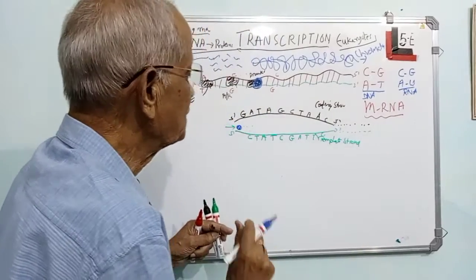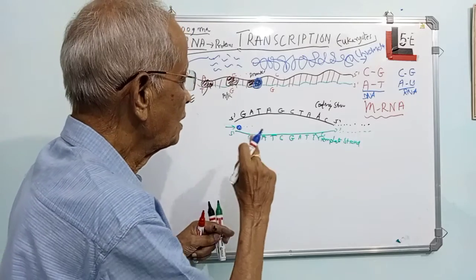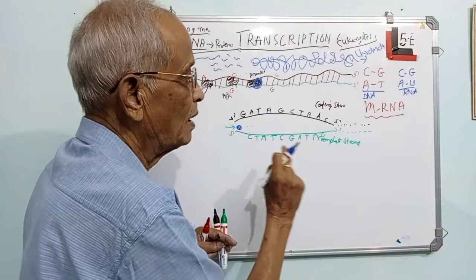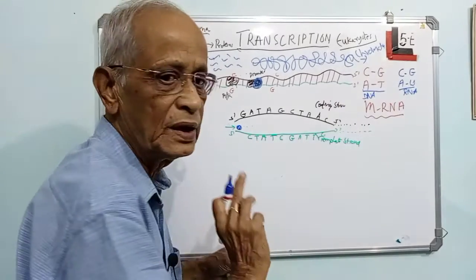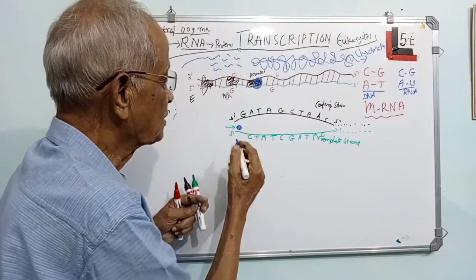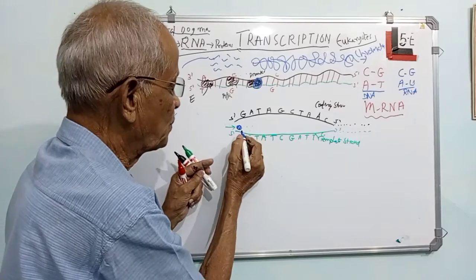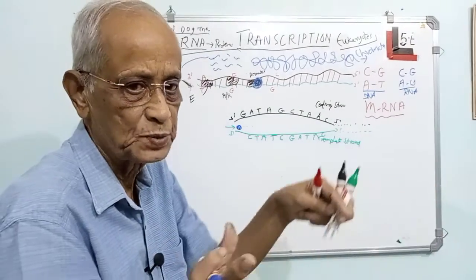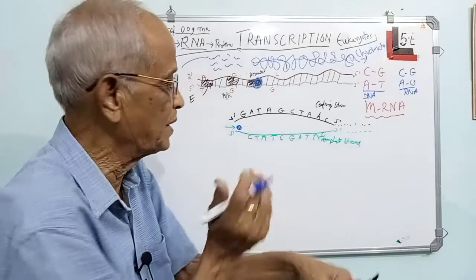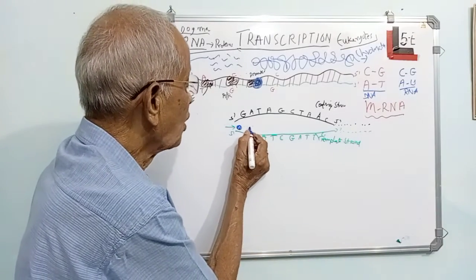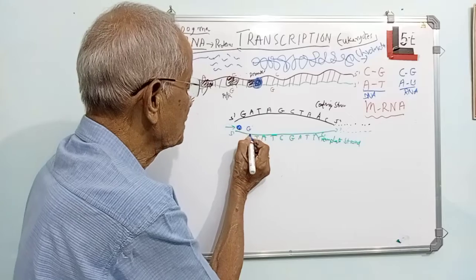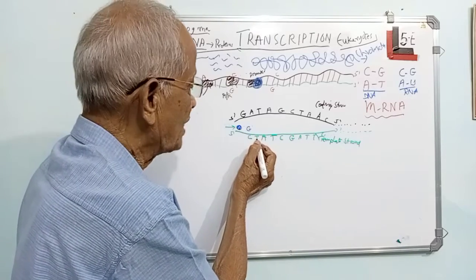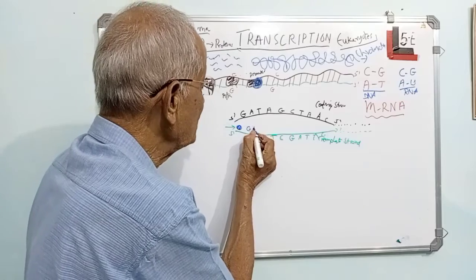So wherever you have to add thymine, then uracil should be there. Supposing the polymerase starts picking up the RNA nucleotides, it picks up the guanine and fixes it opposite here. And now this is thymine. For thymine, it is going to pick up the adenine.